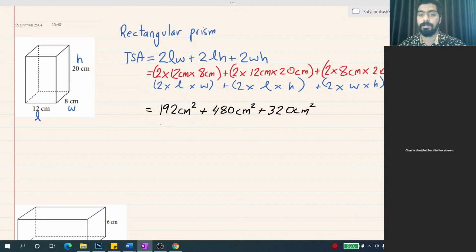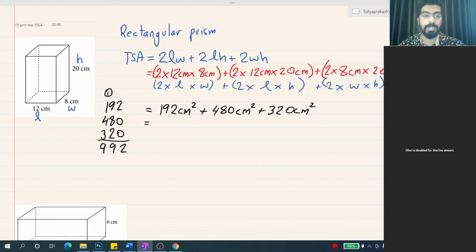Once we have come to this step, we have to add them together: 192 plus 480 and then 320. If we add it all up, we get 2 here, 9, carry over 1, and 9.